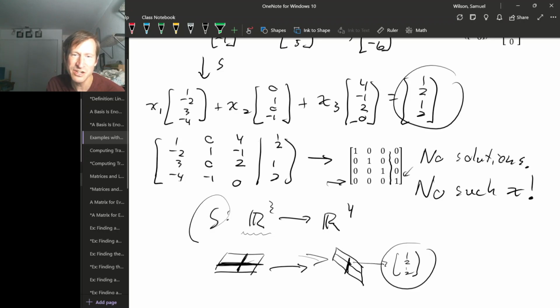So this linear transformation misses this vector. That's what I'm trying to say here. This linear transformation hits a lot of stuff in R4, but this vector is not one of the things that it hits.